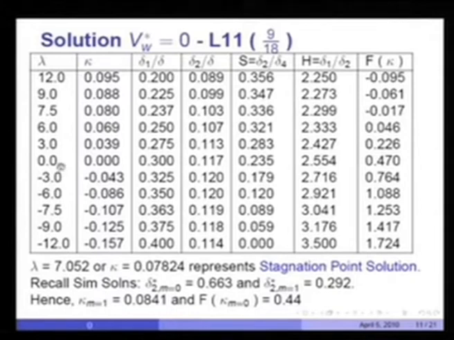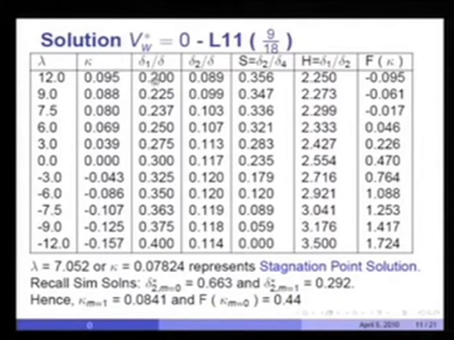So, the acceleration parameter I have gone up to 12, and deceleration I have gone up to minus 12, because I cannot go less than minus 12. Then the kappa values take these values: 0.095, and this goes on to minus 0.157.